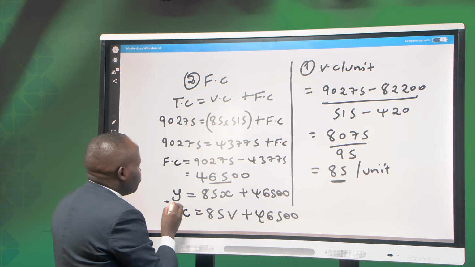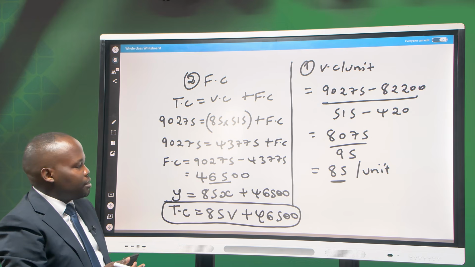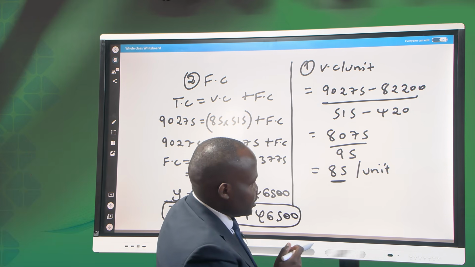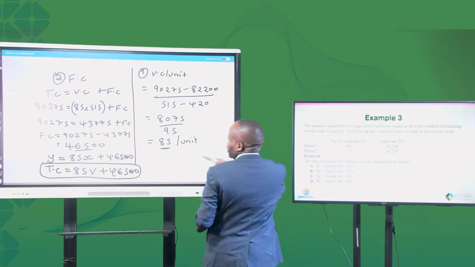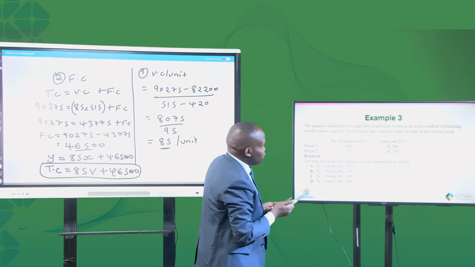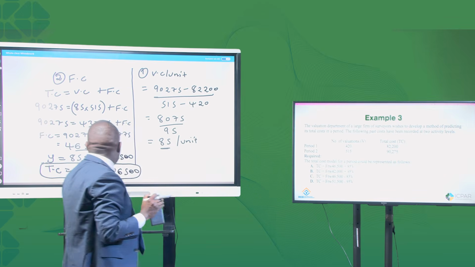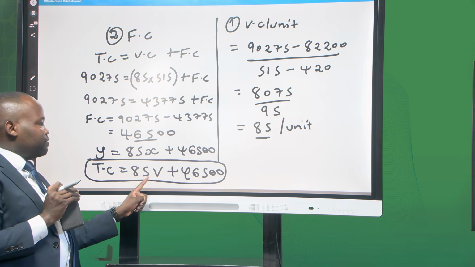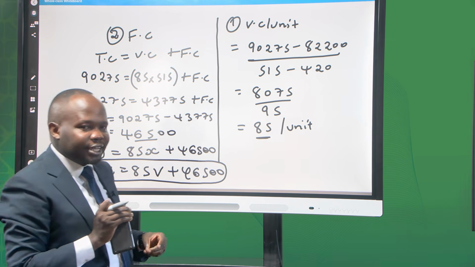You'll therefore look for an equation that is closest to that. The equation that is closest to that is A. A is the closest. Total cost is 46,500 plus 85V. It has just been rearranged. So if it was in exams, your answer will be A, which is equivalent to total cost is equals to 46,500 plus 85V. The order is not important, so long as there is an addition sign between. So our answer is A.